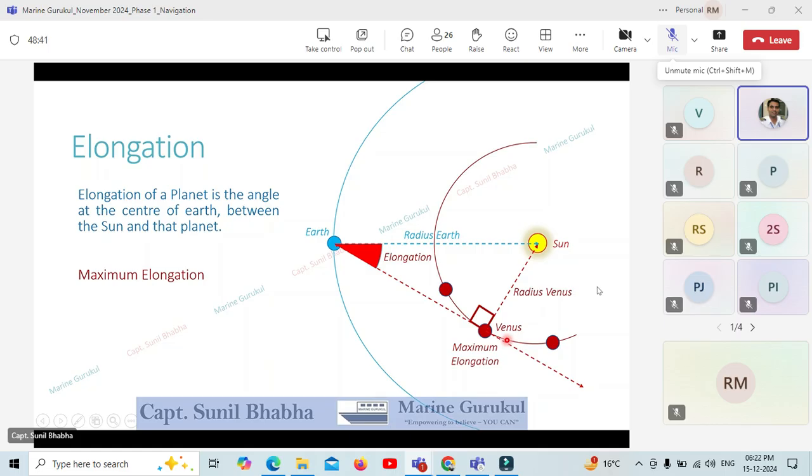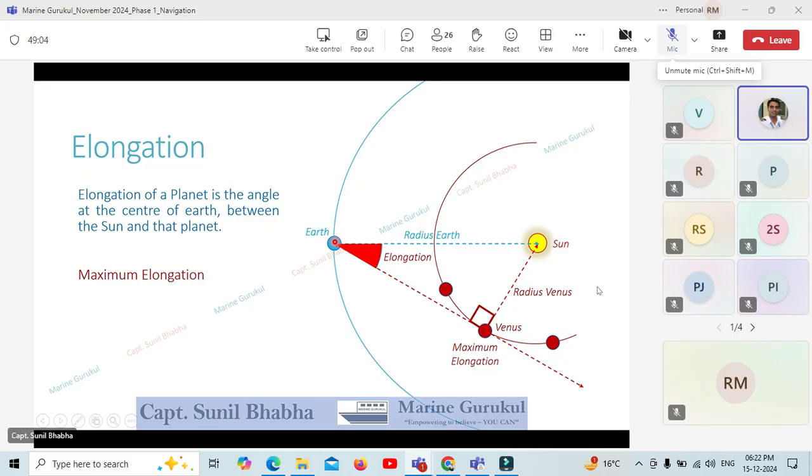And at the same time, if you look carefully, you will observe that these inferior planets like Mercury and Venus can also never be in quadrature with the sun. To be in quadrature, the angle at the center of the earth, or the elongation, has to be 90 degrees, which is not possible in this particular case.